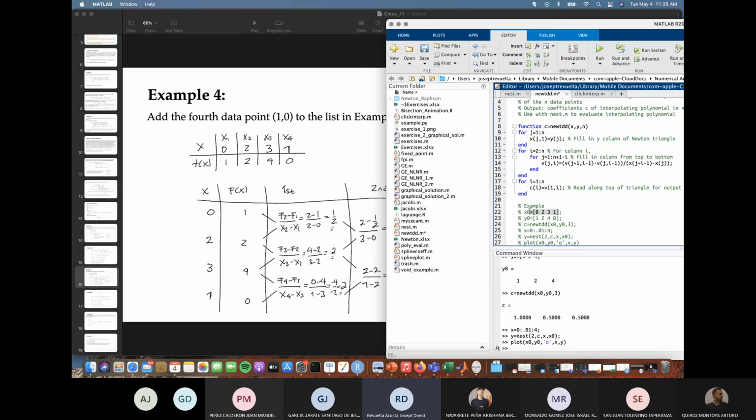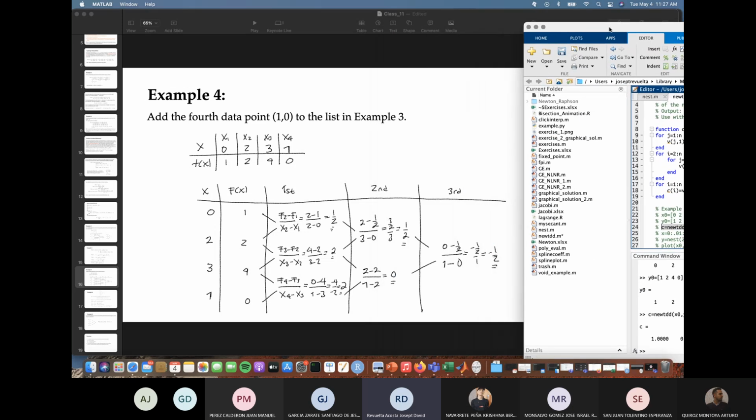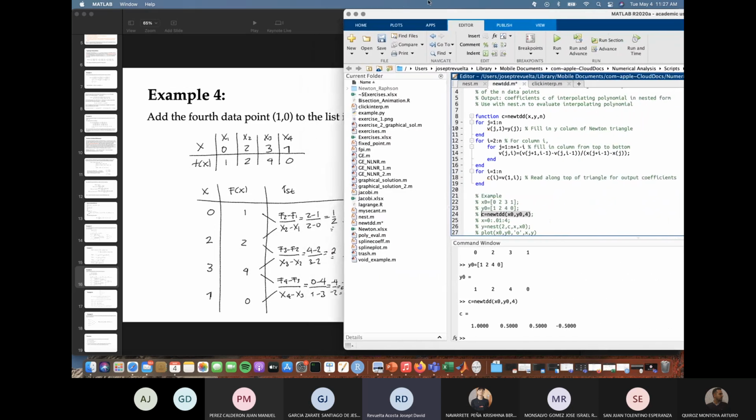So I'm going to evaluate this one. Evaluate. So 1, 1/2, 1/2, minus 1/2. These are the values that are obtained here, right? Remember? So minus 1/2 was the one I added.